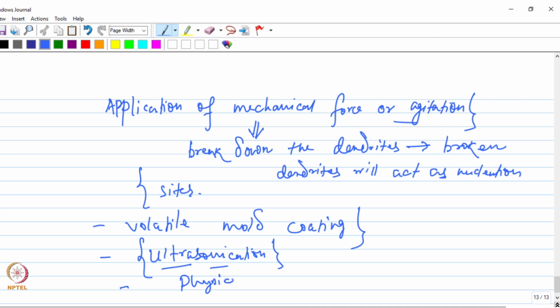And it can also be done through a physical or mechanical stirrer. You physically stir the melt by using a mechanical stirrer. You immerse the stirrer and agitate it vigorously. That can also break down the dendrites, and a similar kind of stirring can also be generated by an electromagnetic stirrer.